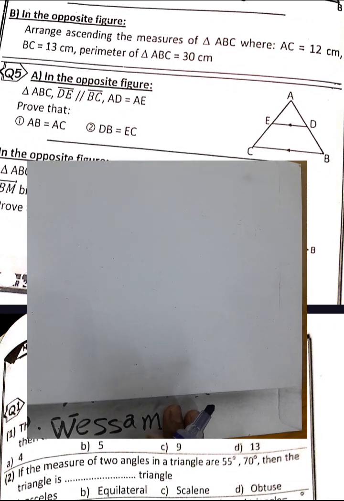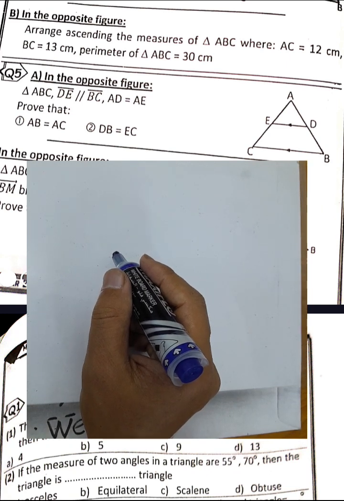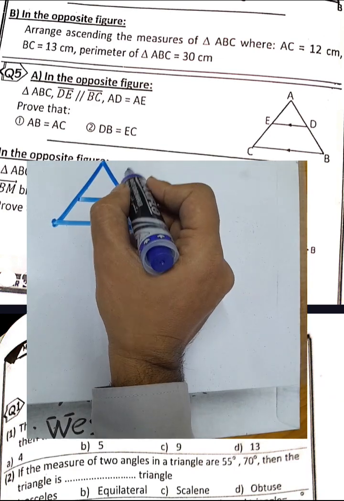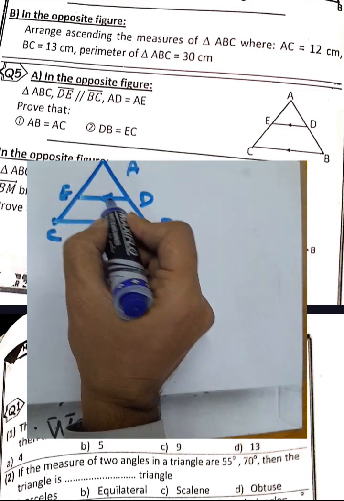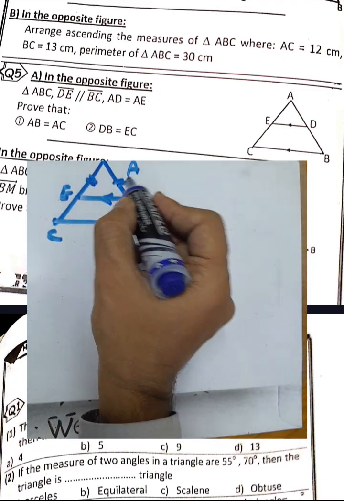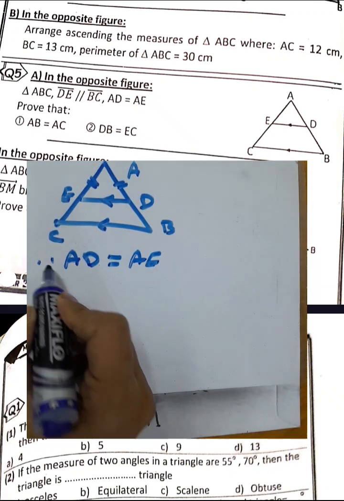In the triangle here, prove that AB equals AC, and we have AD equals AE. ABC triangle and ED is parallel to the base CB, and he gives us AD equals AE.